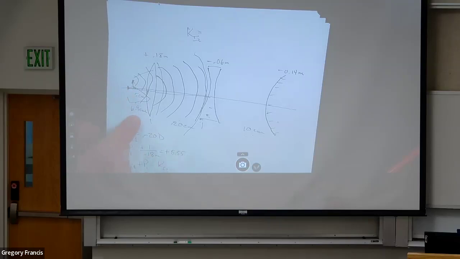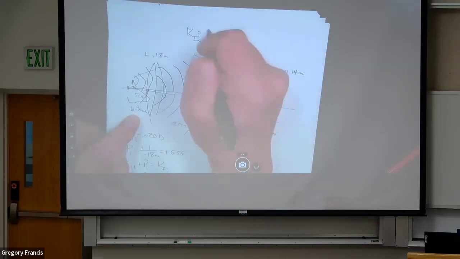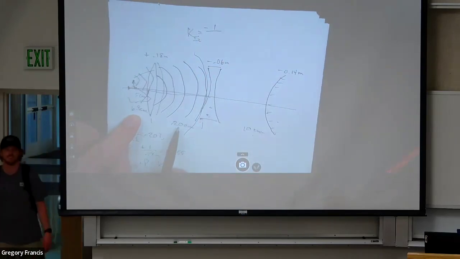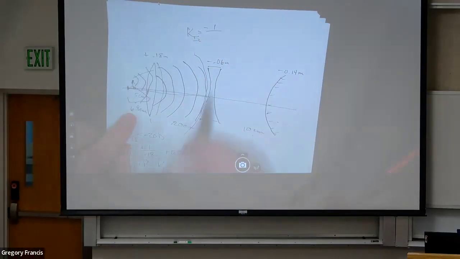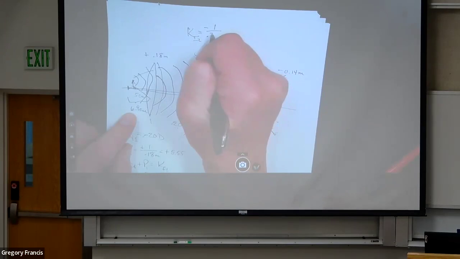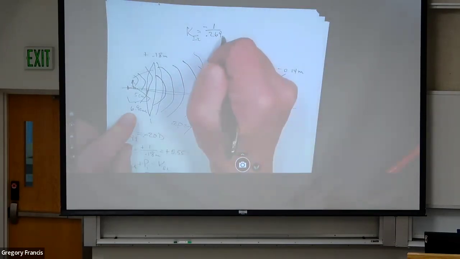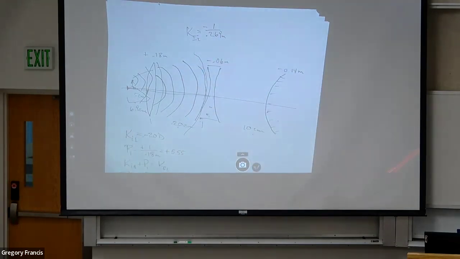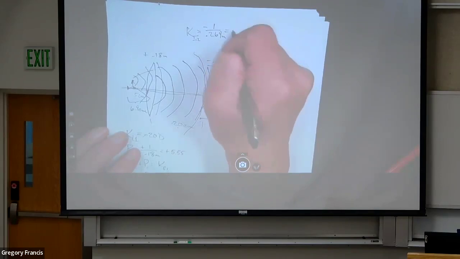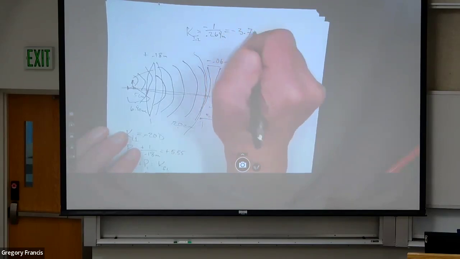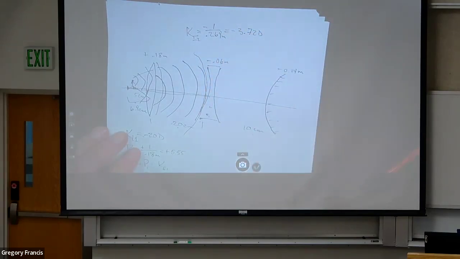And so that means I'm going to have negative 1 over the 20 centimeters plus the 6.9, which is 0.269 meters. If I do 1 over that, that's going to be a negative 3.72 diopters.